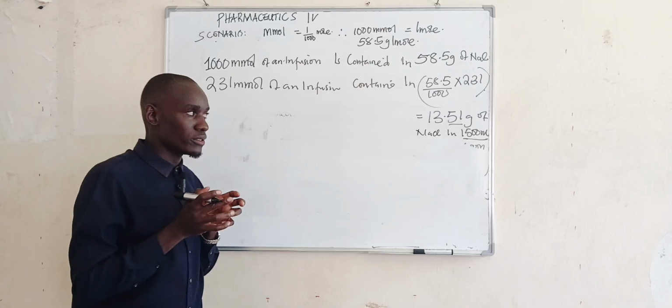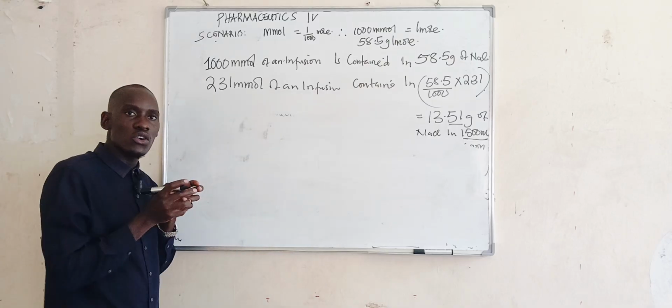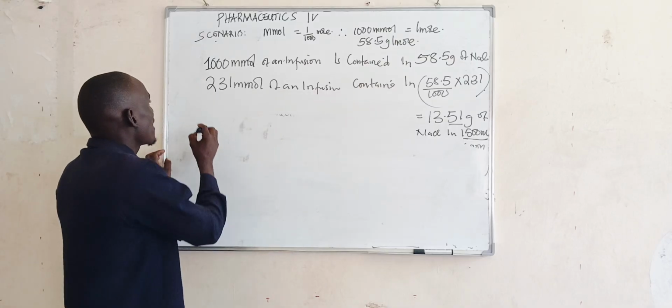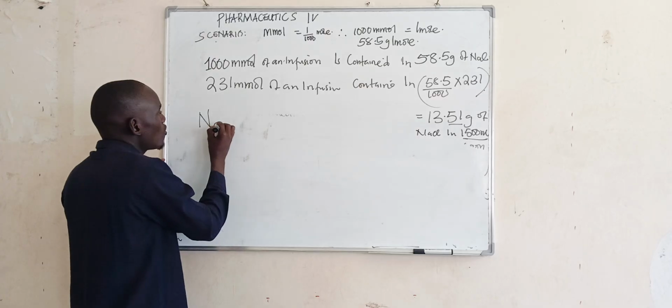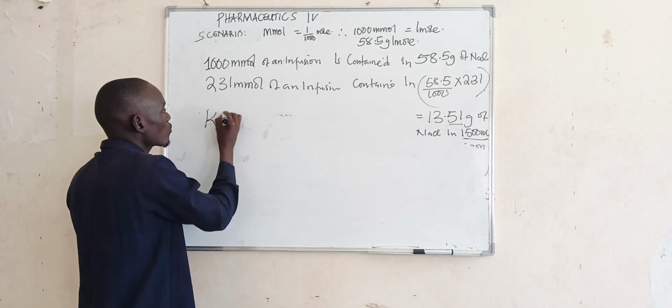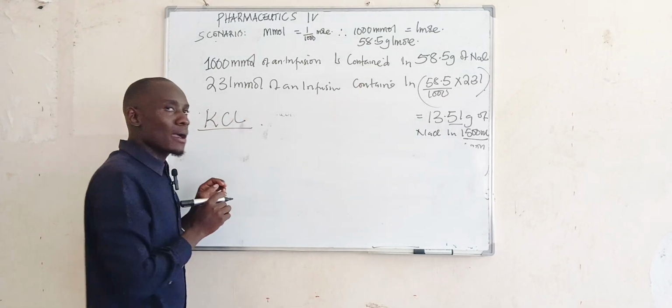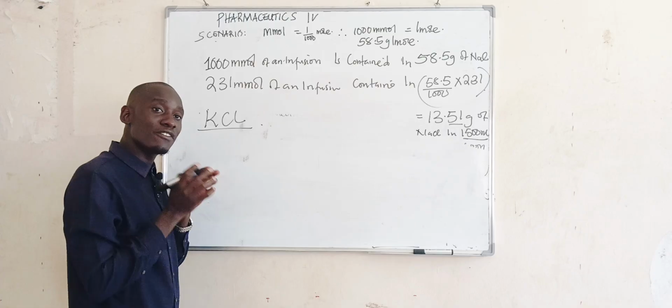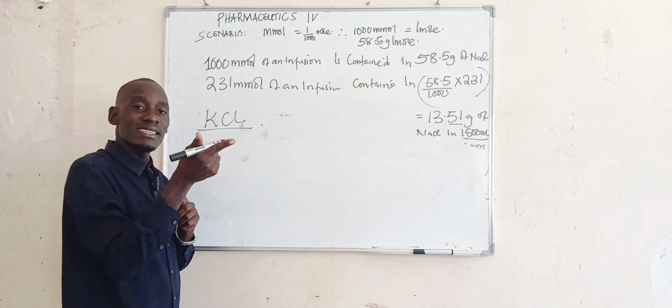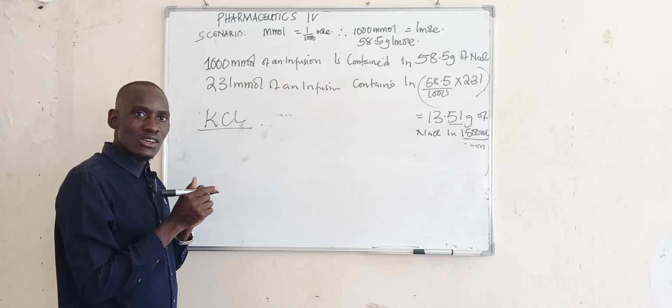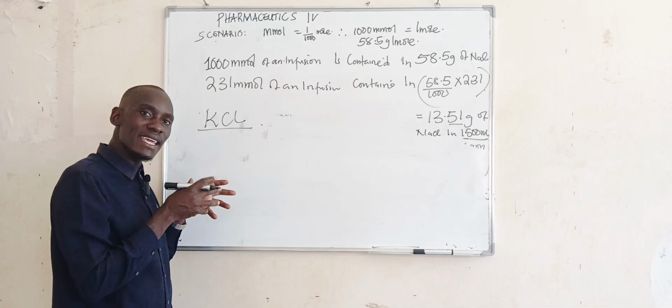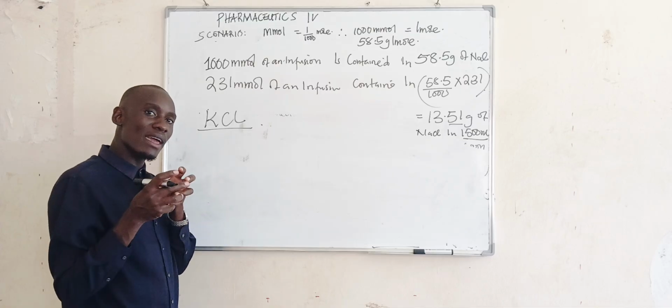So we want also to obtain the mass of potassium chloride. But remember, the one provided in the formula is in 1,000. So we shall first begin by obtaining the millimoles in the required volume.